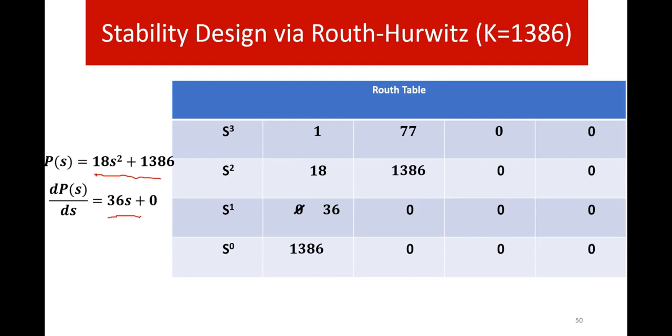The coefficients of this polynomial are filled in the next row, which is 36. Now replace 0 with 36, and next is a 0. So all the terms are positive. It means there is no pole on the right half plane.